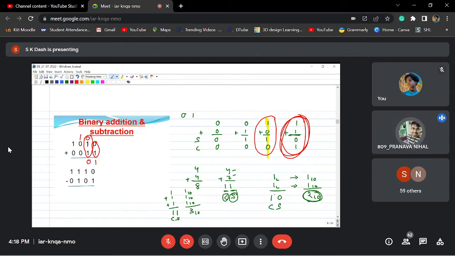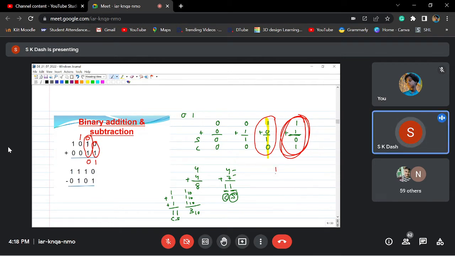Sir, what is the explanation for 1 plus 1 sum 0 and carry 1? See here, if we're adding 1 with 1, these two are binary numbers, so we don't know what the answer will be. What we can do is convert them into decimal.